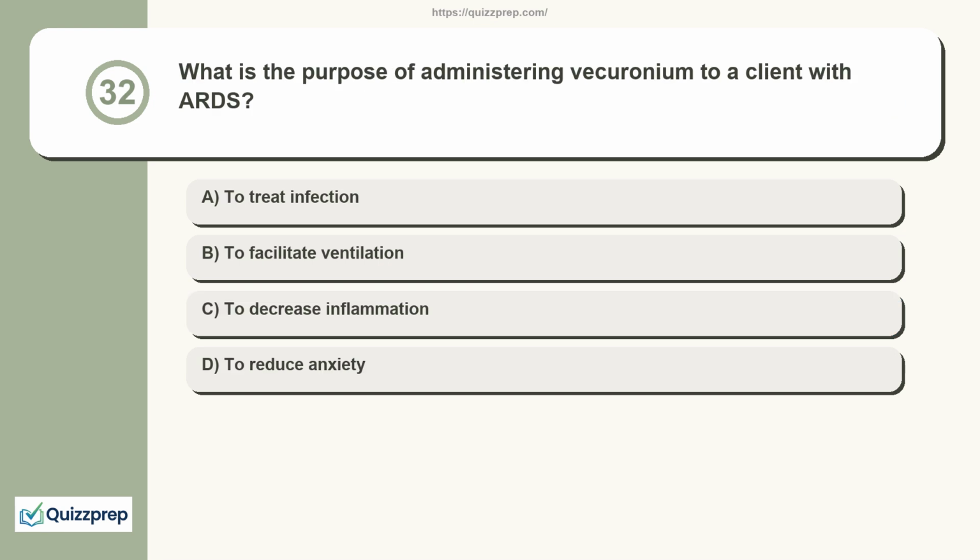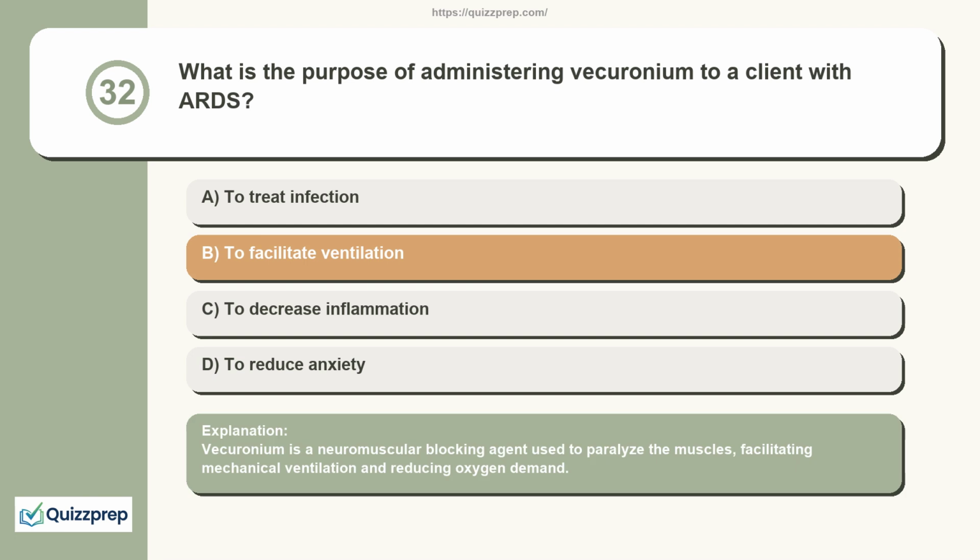Question 32. What is the purpose of administering vecuronium to a client with ARDS? To treat infection, to facilitate ventilation, to decrease inflammation, to reduce anxiety. Vecuronium is a neuromuscular blocking agent used to paralyze the muscles, facilitating mechanical ventilation and reducing oxygen demand. Question 33.